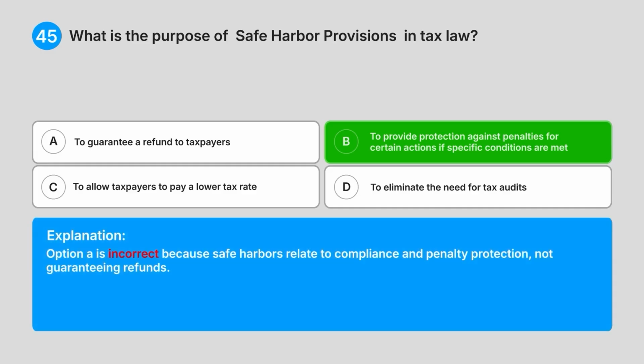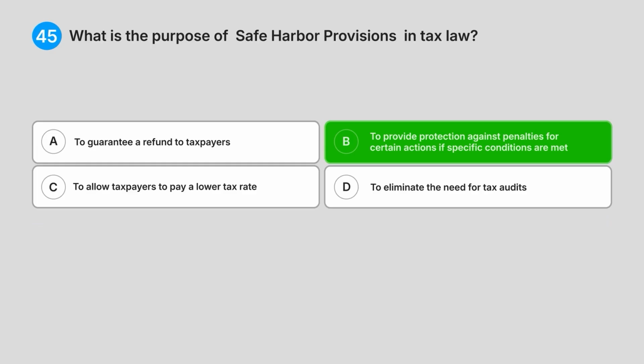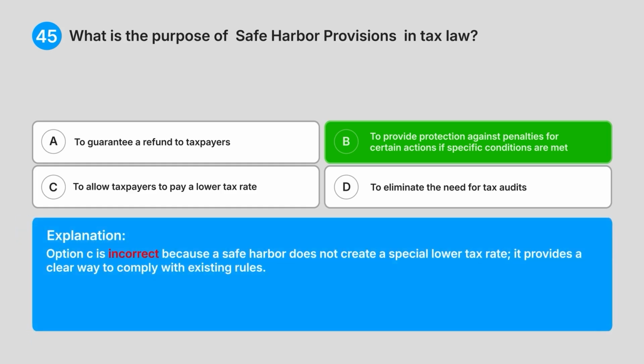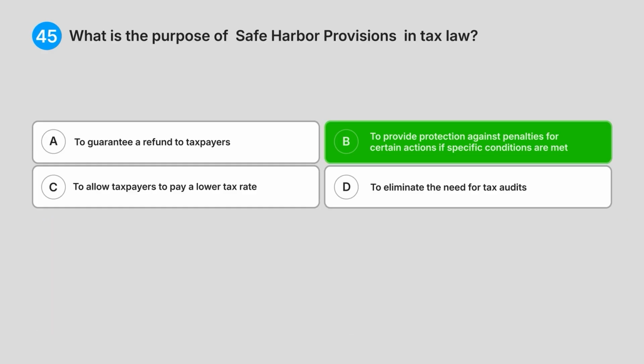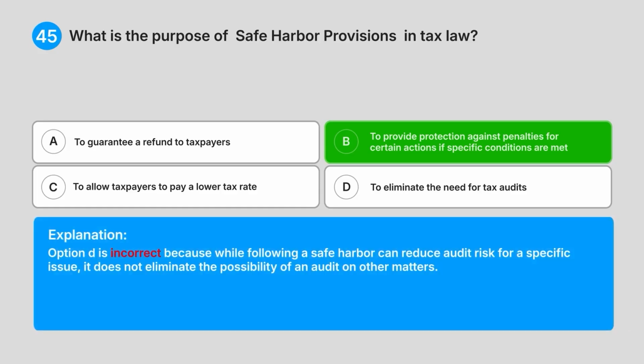Option A is incorrect because safe harbours relate to compliance and penalty protection, not guaranteeing refunds. Option C is incorrect because a safe harbour does not create a special lower tax rate. It provides a clear way to comply with existing rules. Option D is incorrect because while following a safe harbour can reduce audit risk for a specific issue, it does not eliminate the possibility of an audit on other matters.